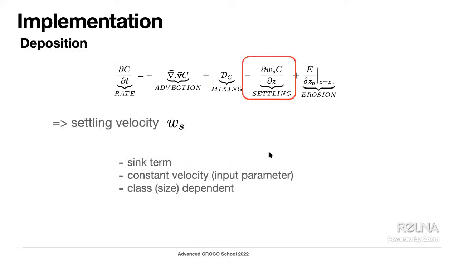So for this term, the term of settling, this is a sink term, and this velocity depends on the class and basically on the size of the sediment, and it's an input parameter, as we saw, for the model.